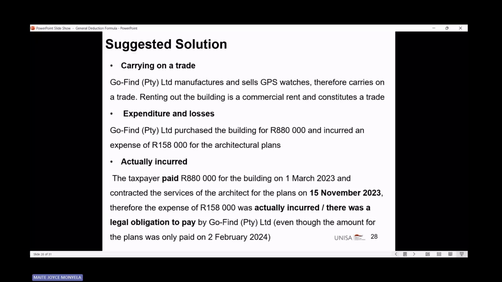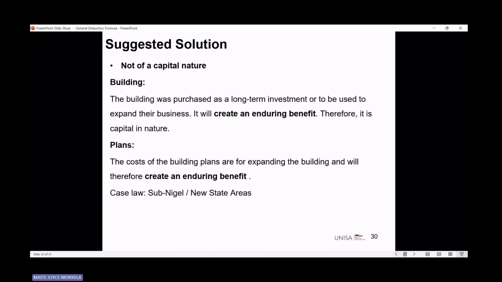Remember, on the first slide I said all the requirements must be met before we can deduct an expense in terms of section 11A. We tested all the requirements, but the last one was of capital nature.